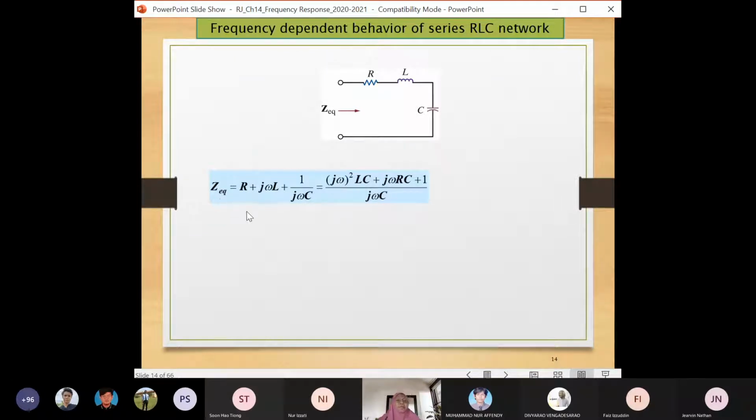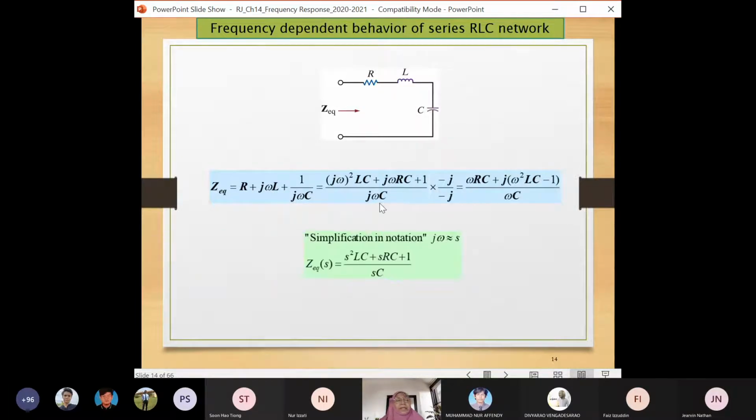total Z for the circuit is this equation, where you have the impedance from the resistor, inductor, and capacitor. And we don't like the omega, the J, so you can change J omega with another variable. Let's use S. Why do we use S?